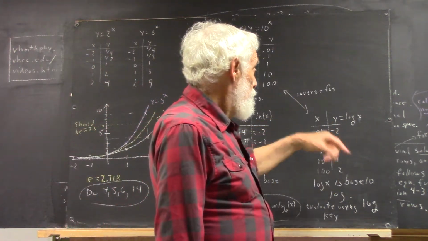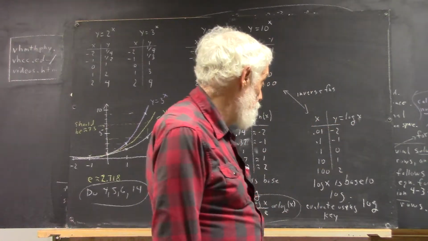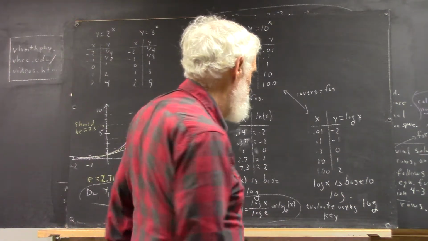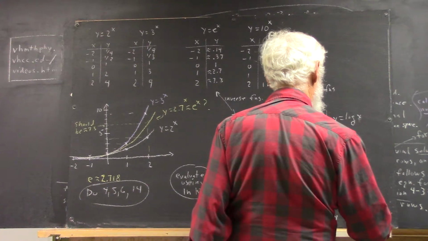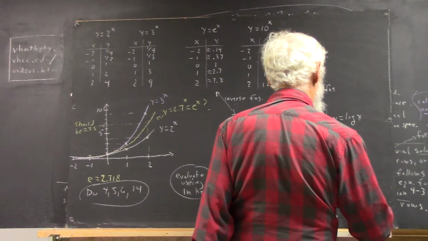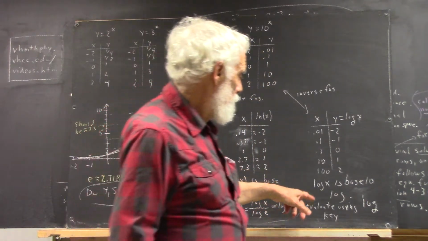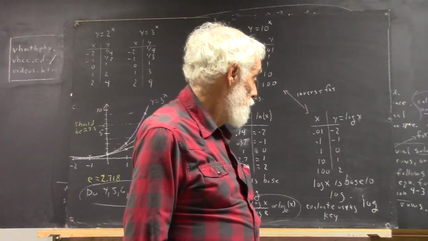Similarly, the inverse of the 10 to the x function is the y equals log x function. So log x is the base 10 log, and that's evaluated using the log key.